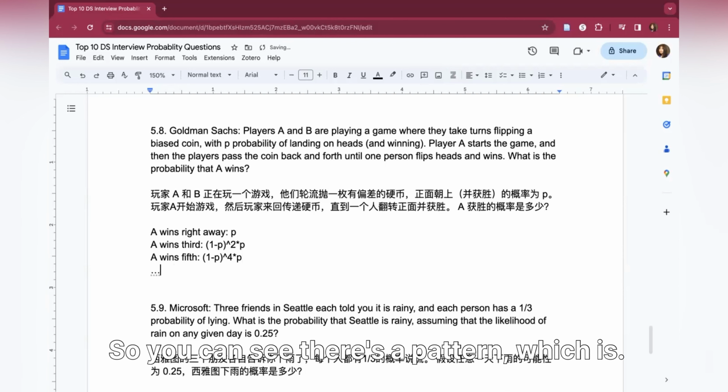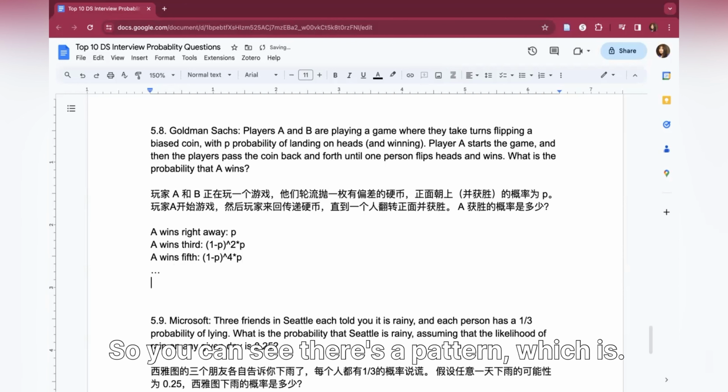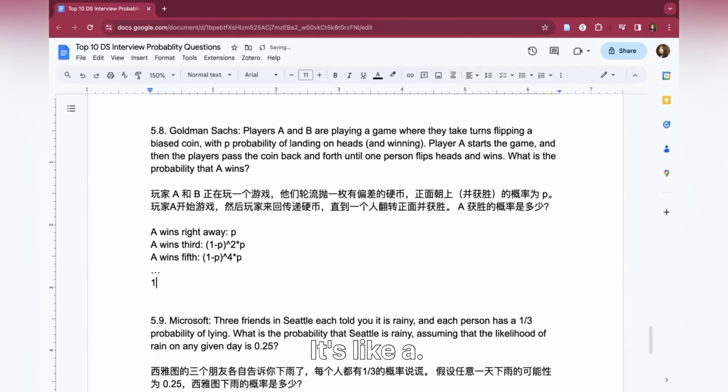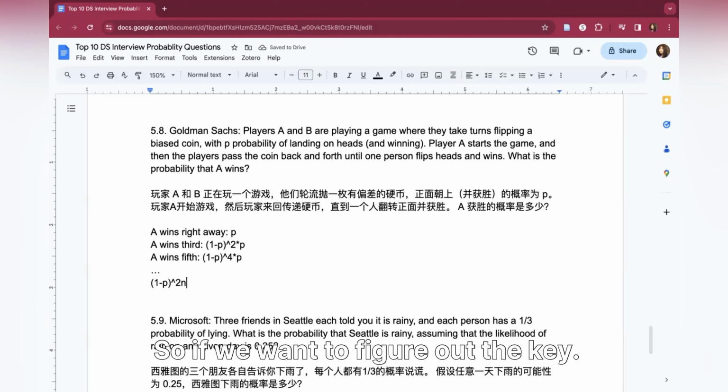So you can see there's a pattern, which is like 2n, times P.